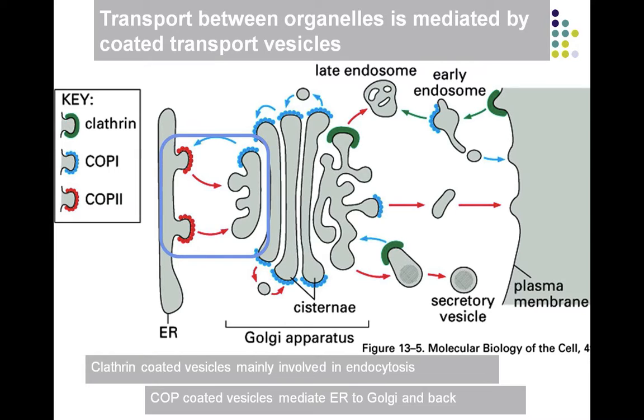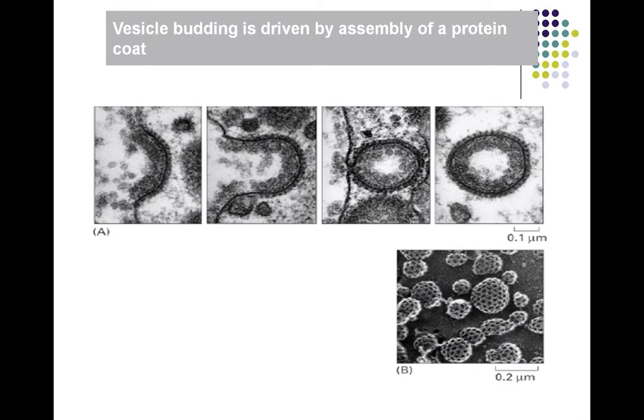So we have seen how transport vesicles act in the cell. We have electron microscopy as a technique to actually study that. As an example here, you can see a vesicle budding, which is driven by the coat protein assembly.